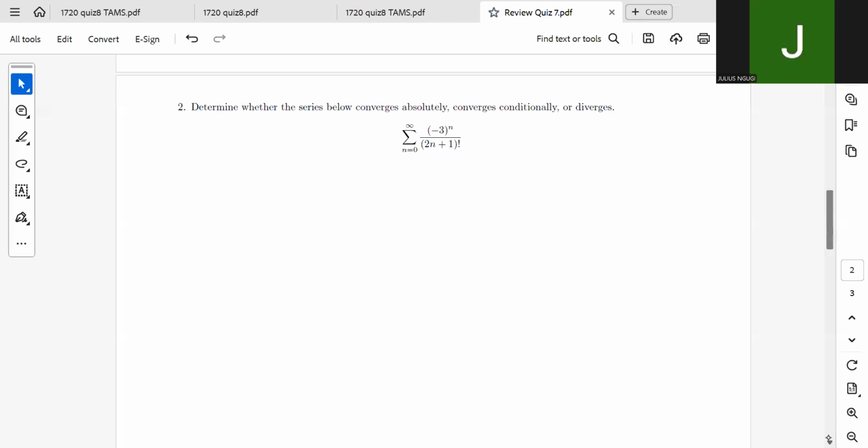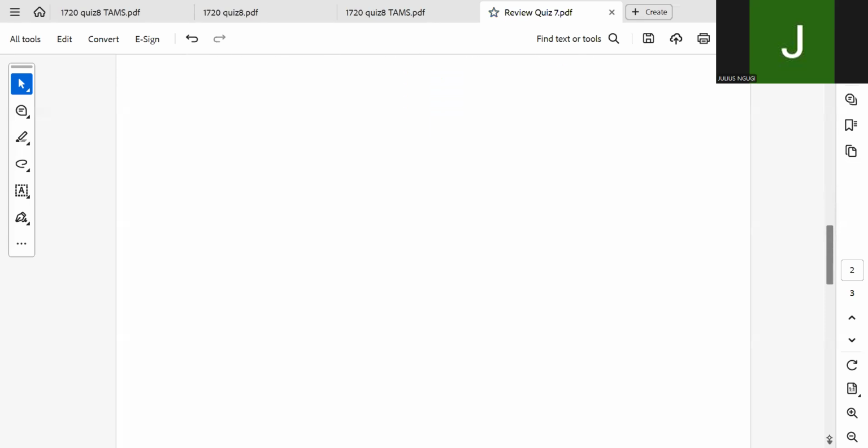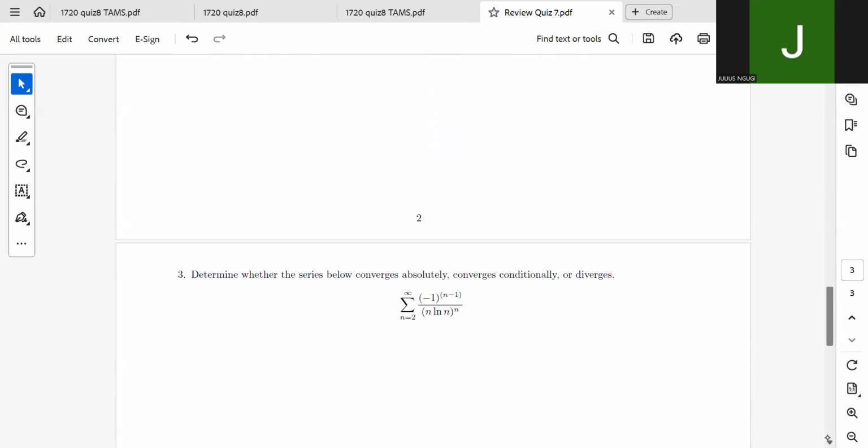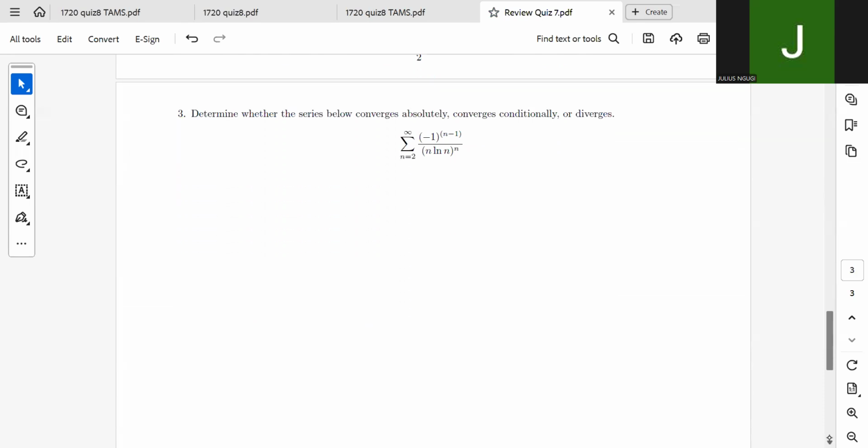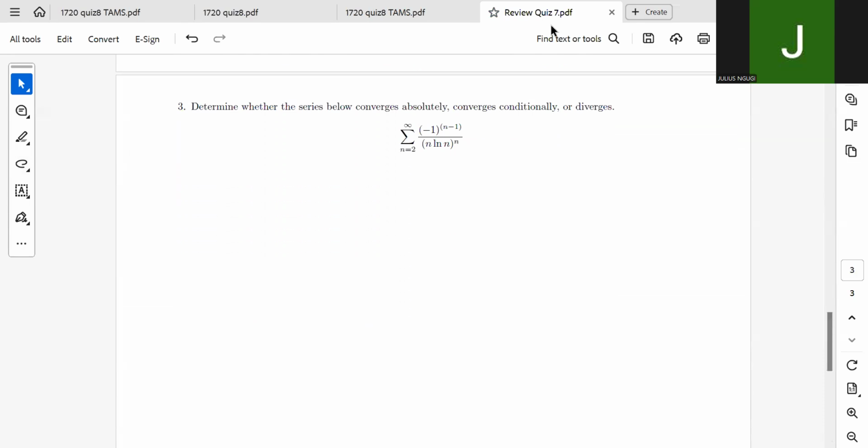Finally, the last one, we will use the other test, because if I see that to the nth power, the test that I will use to test for convergence is called the root test, not the ratio test for this case.